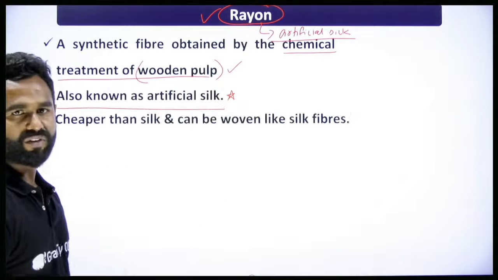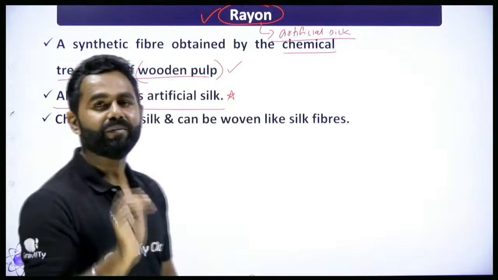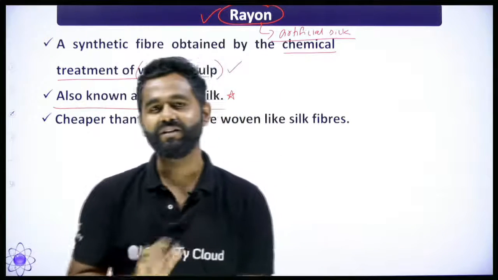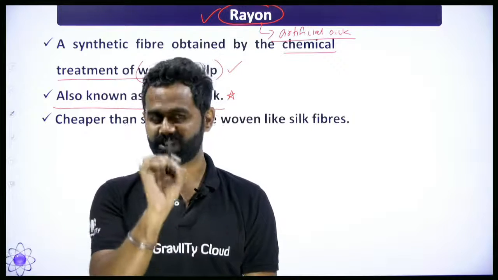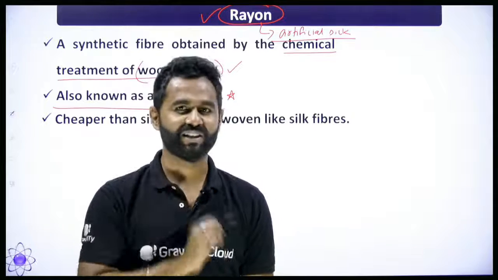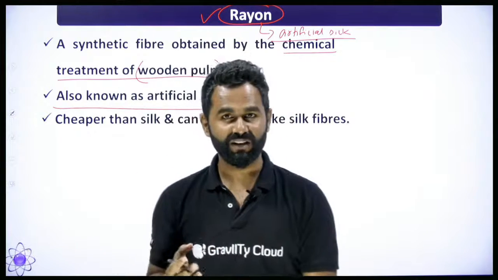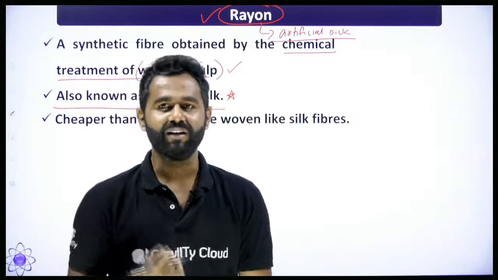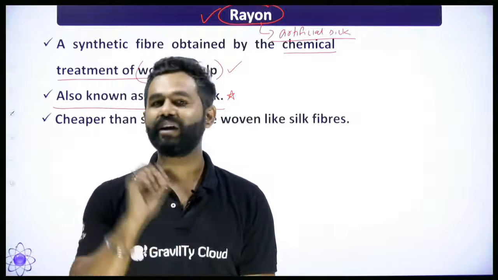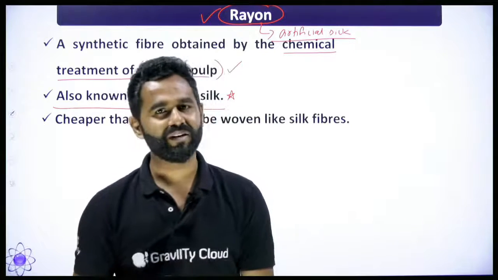It is also known as artificial silk. So if it is known as artificial silk, that means it will be cheaper than original silk. Anything which is artificial is cheaper than the original material. Do you agree or not? Yes. For example, the jewelry. The gold jewelry is very much costly, but the artificial jewelry is very cheap.